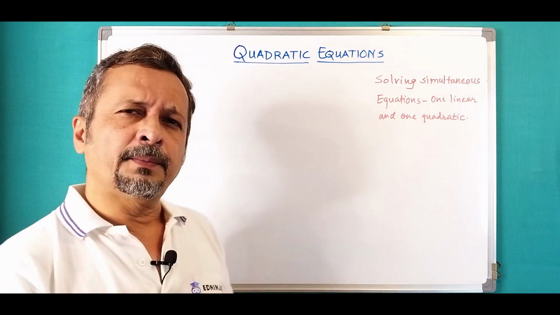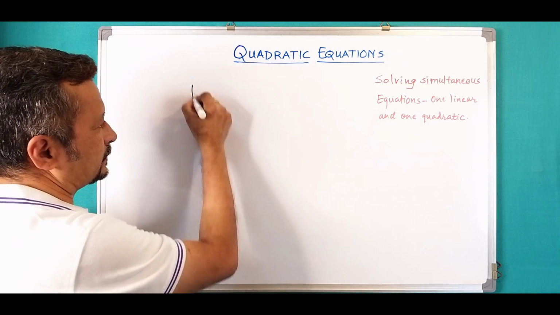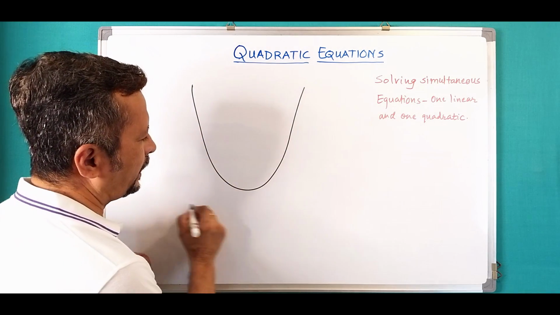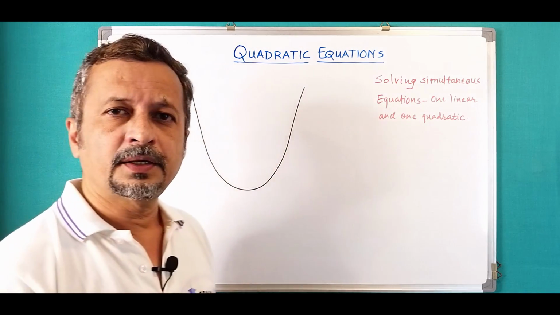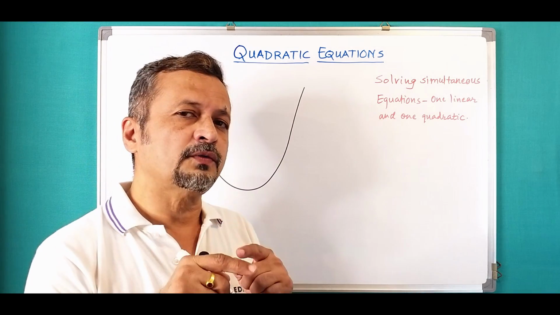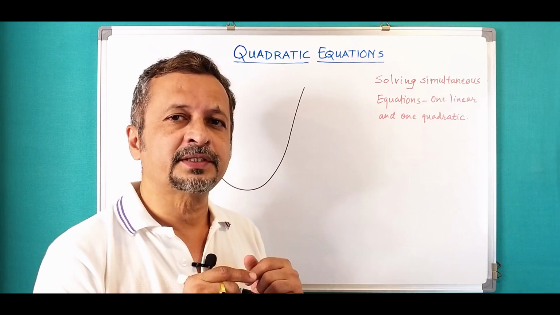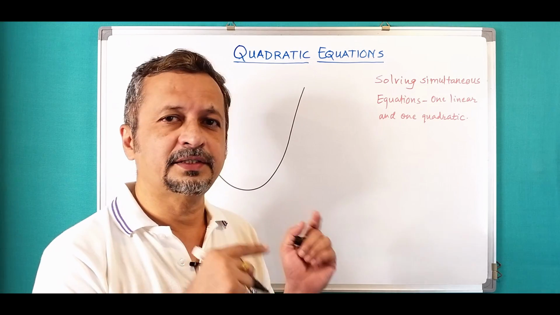Now when we have one quadratic curve, maybe like this, and there can be a straight line, we want to solve simultaneously. That means I want to find the points of intersection of the line and this curve.